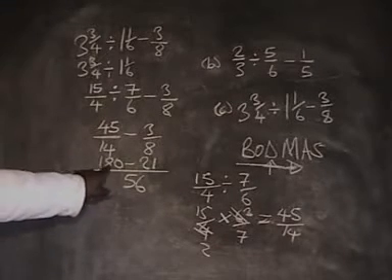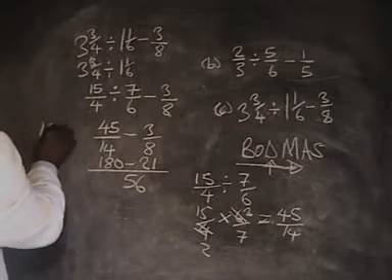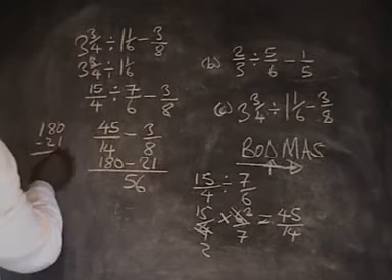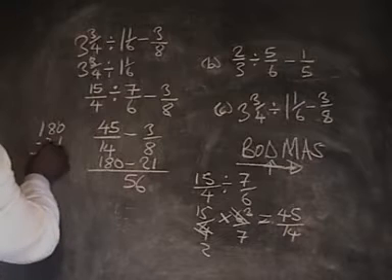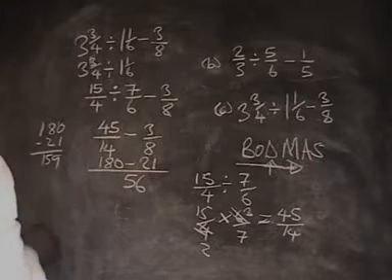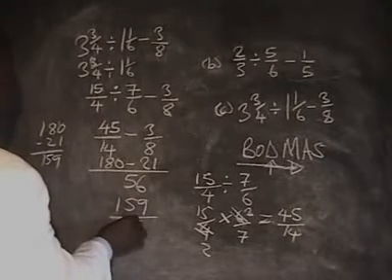Thereafter, 180 minus 21. So this is 10 minus 1 is 9. This is 7 minus 2 is 5. And this is 1. So the difference is 159 divided by 56.